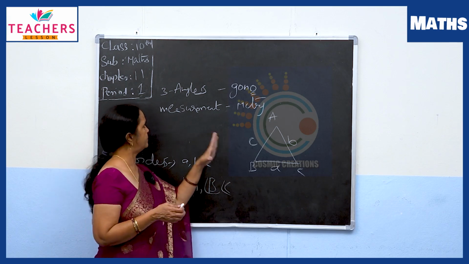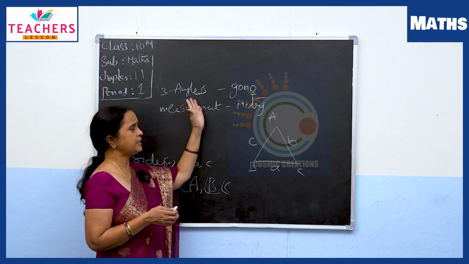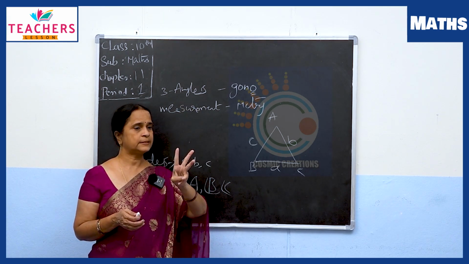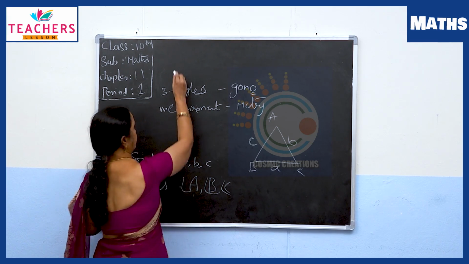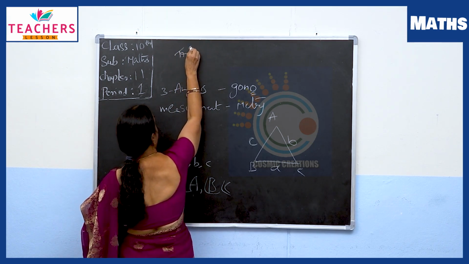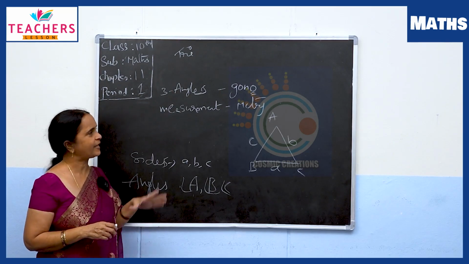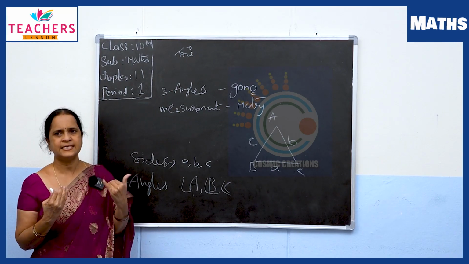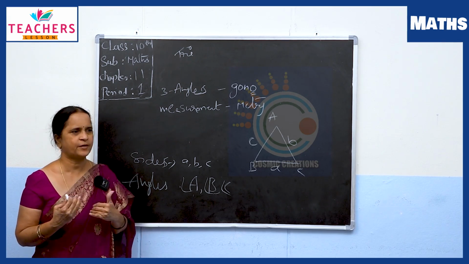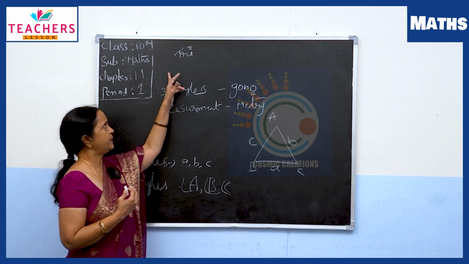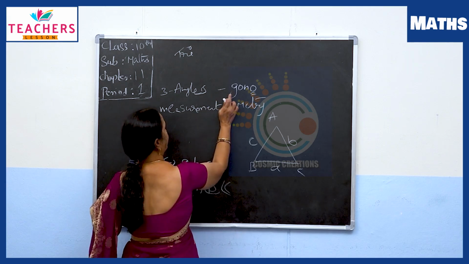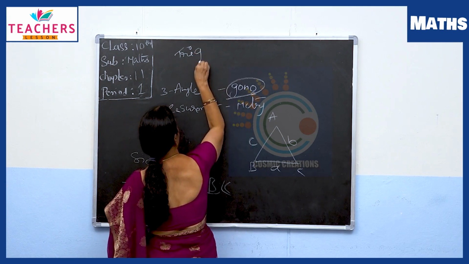With respect to angles, how many are there? 3. In chemistry you might have read it in that way, but this is 3. We are studying about angles.